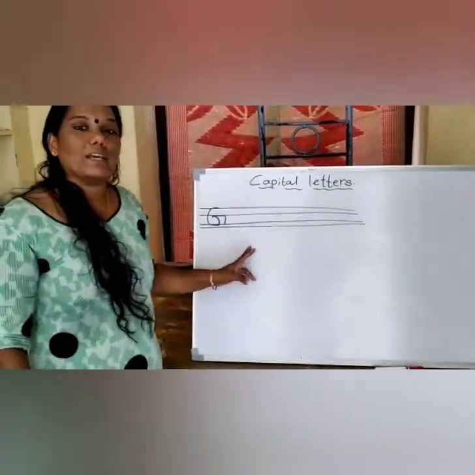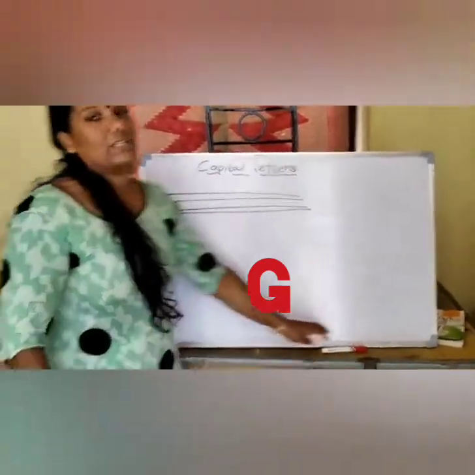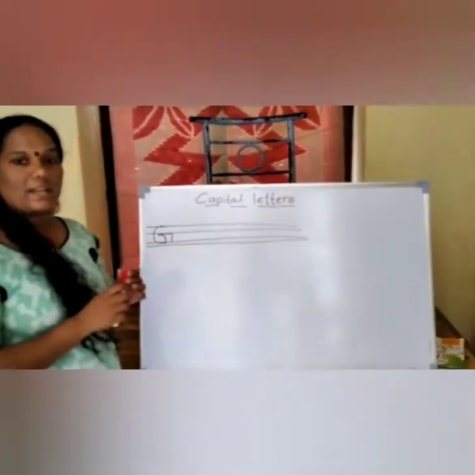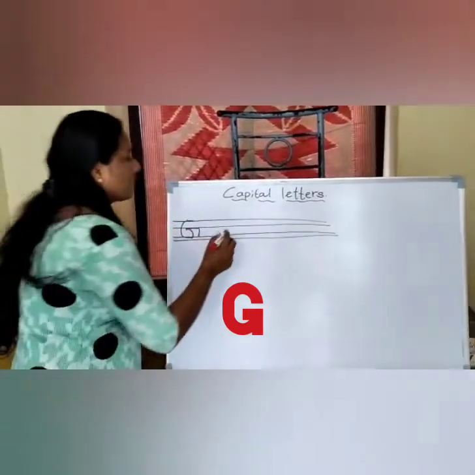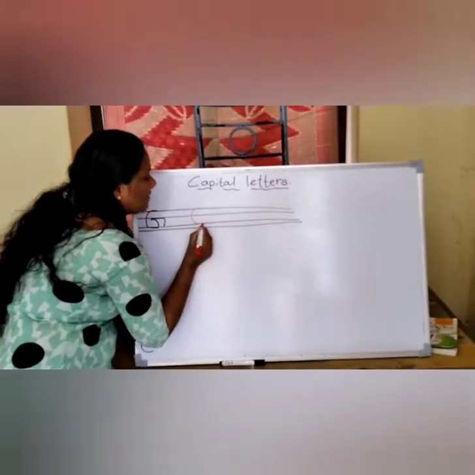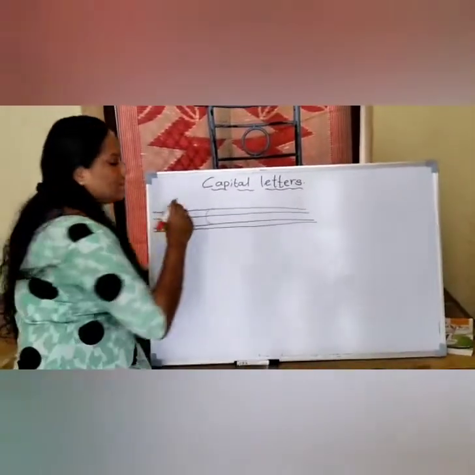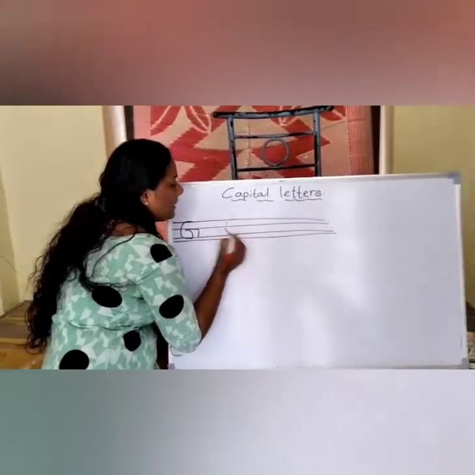So look here carefully. How to write capital letter G? Once again I am writing here. So look carefully, all children. From up to the third line, one big curve. Okay, like this we have to write one big curve.